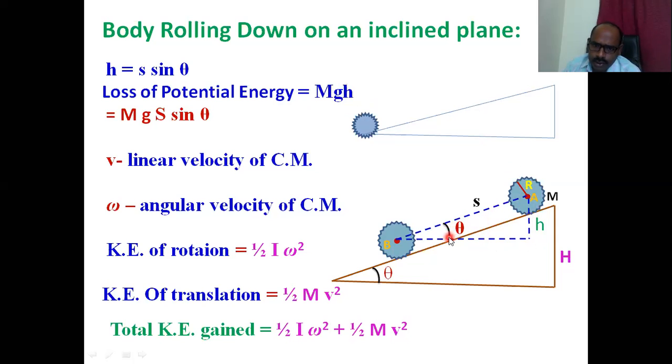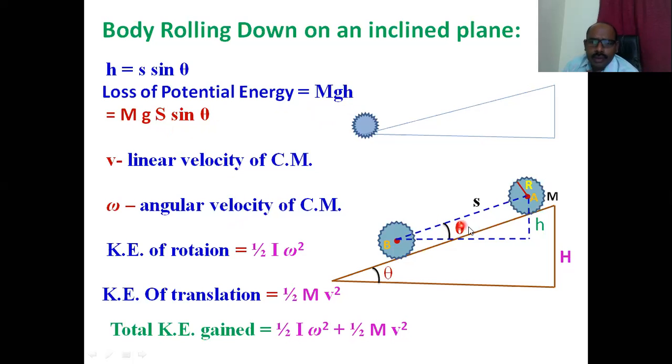Here it is theta, and s is the distance traveled. So h is s sin theta, hypotenuse into sin theta. In place of h, we write s sin theta, so that is mgs sin theta.